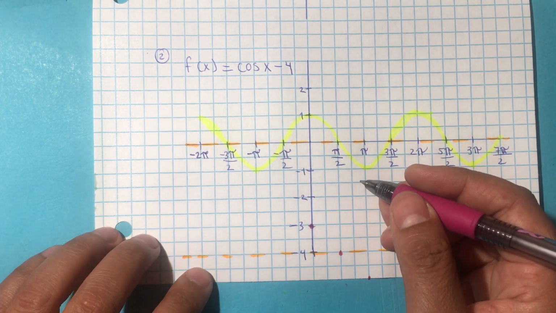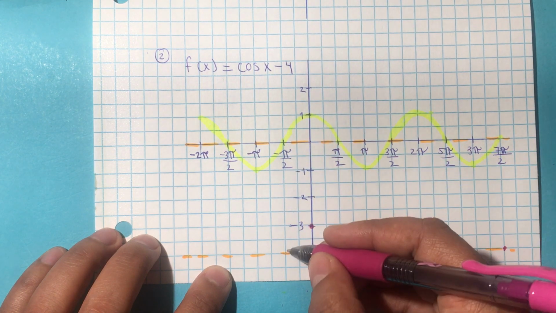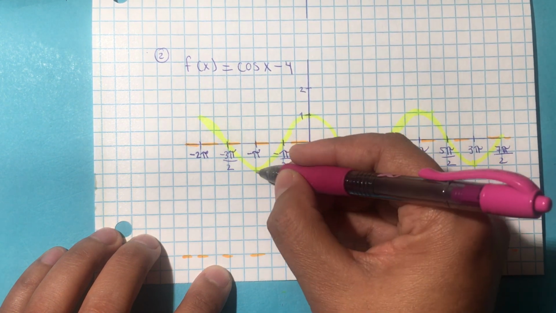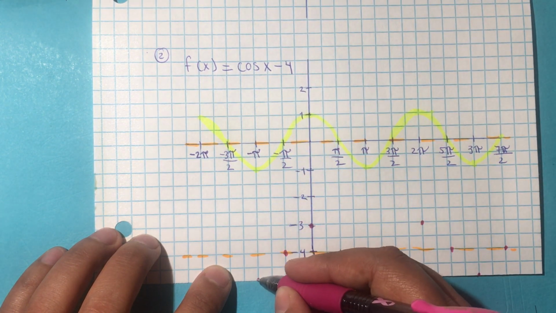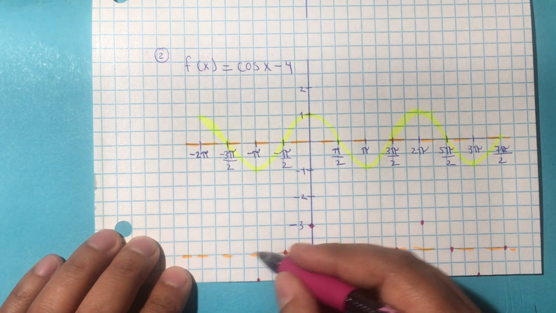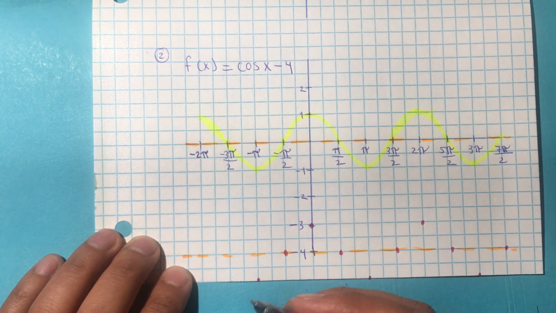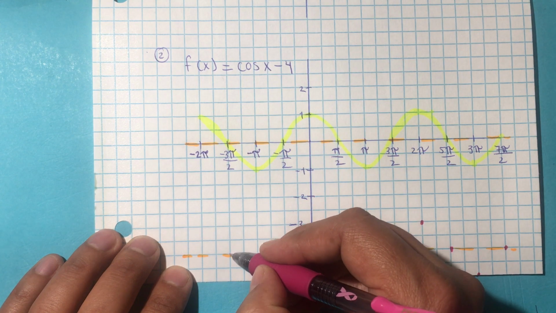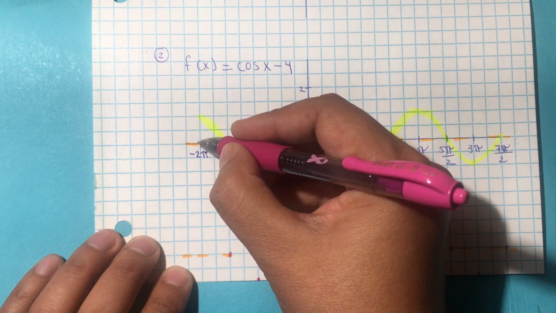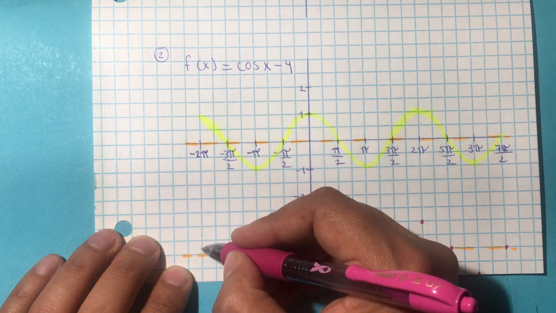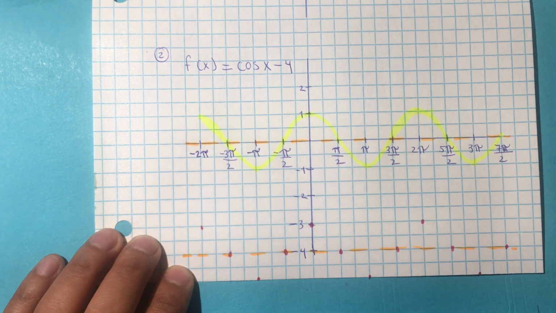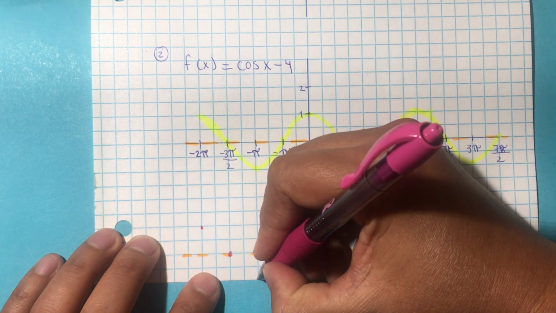Okay. On the other side, the same thing. This is right on the line. This is one space below the line, the midline that we moved. This is right on the line, and this is one space above, so right there. Again, we just connected.